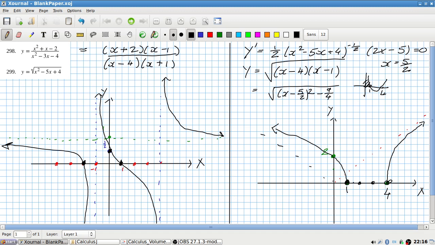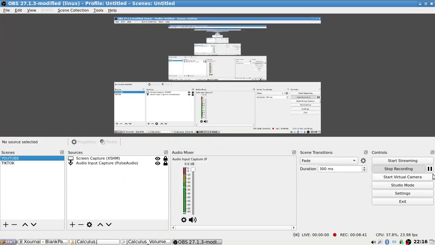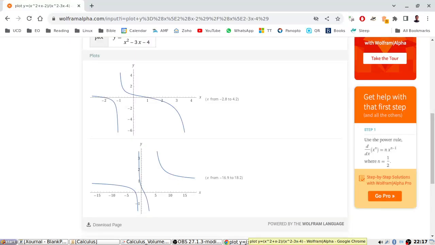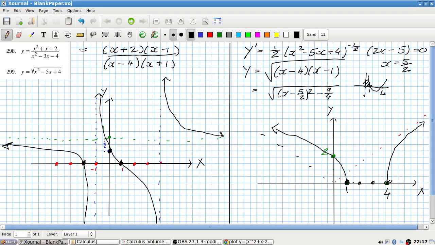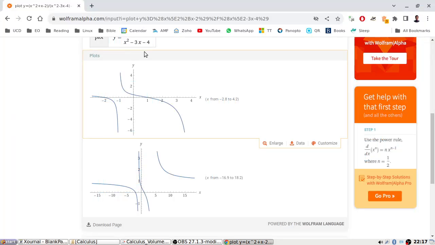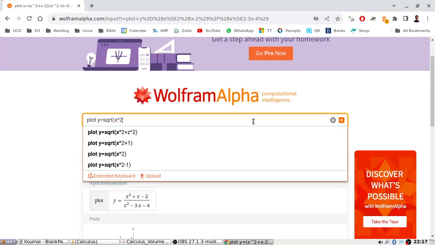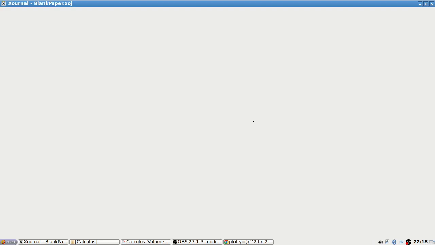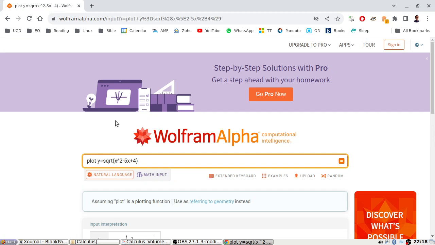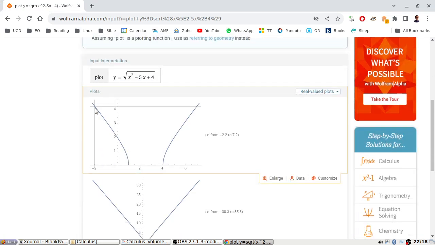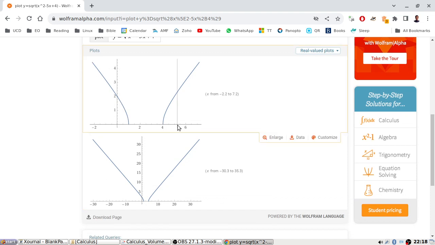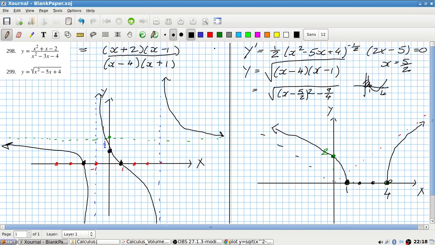No. Let me pause for a second. I'm using Wolfram Alpha. So it looks like it matches up. Yep. Okay, and let's try the other one now.